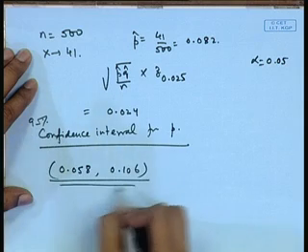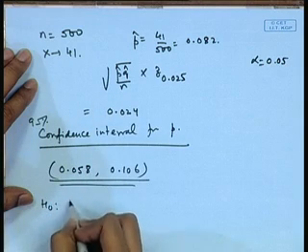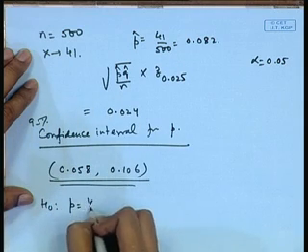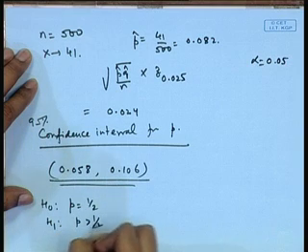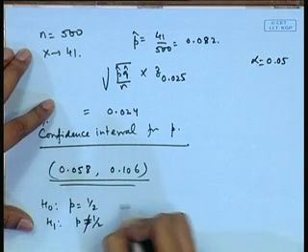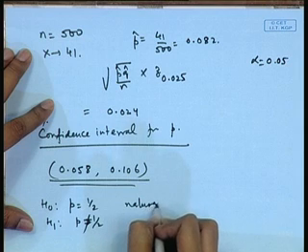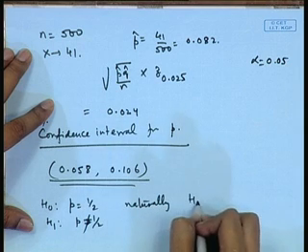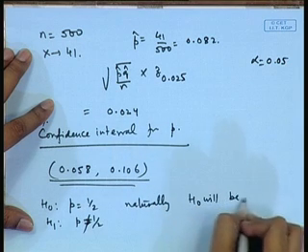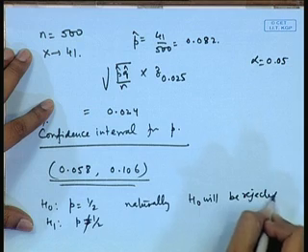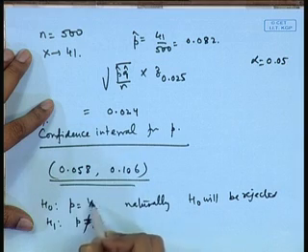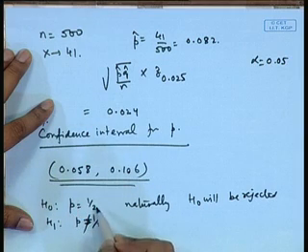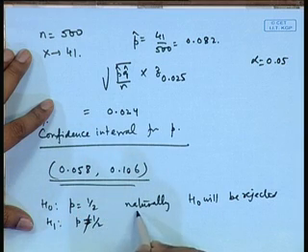So, easily you can see, suppose I am testing the hypothesis H naught: p is equal to half against H1: p is greater than half, or p is not equal to half, then naturally H naught will be rejected. You can easily see here the value is actually lying between 0.05 to 0.1. So, if I am testing the hypothesis p is equal to half, then naturally it will be rejected.